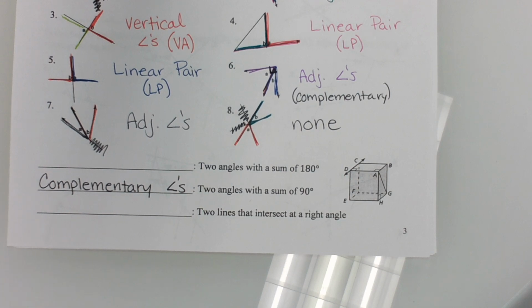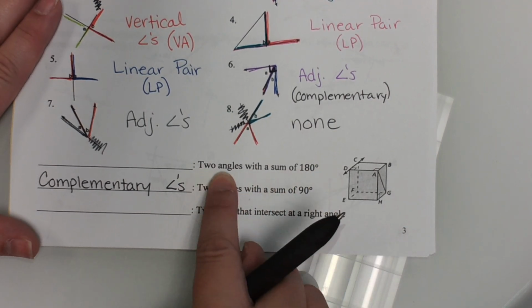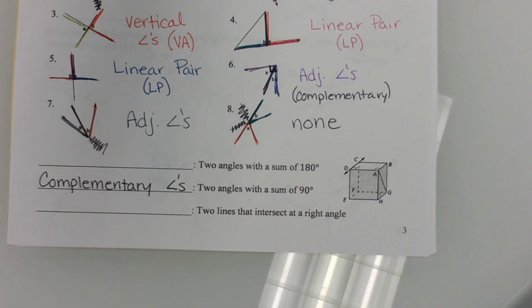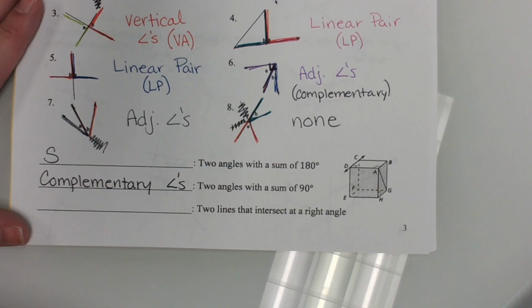Now, the postulate sheet that has the pictures, though, is actually trying to tell us other characteristics about these angle pairs, such as talking about this piece. If two angles have a sum of 180 degrees, do you remember what that term is? That's the one that starts with that S that we talked about in chapter 2.